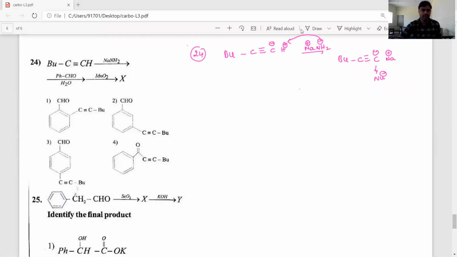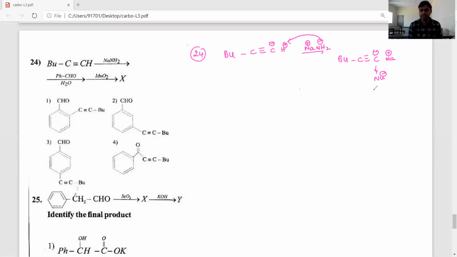Okay, students. Now again this is treated with benzaldehyde. Benzaldehyde undergoes a nucleophilic reaction followed by hydrolysis. Then O minus and Na plus upon hydrolysis produce alcohol.